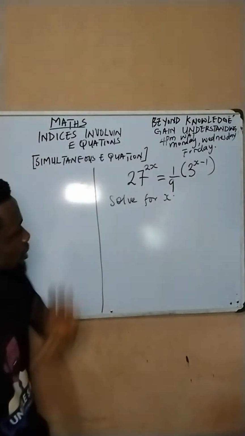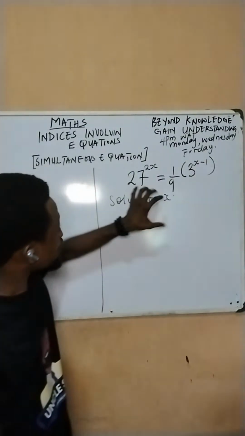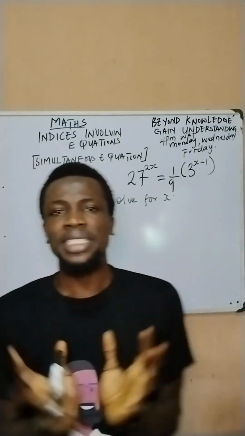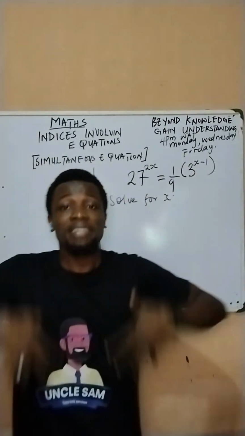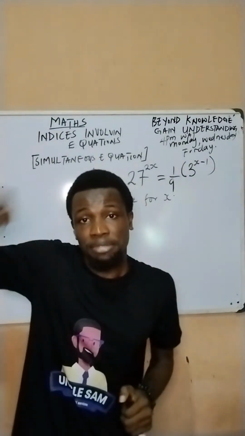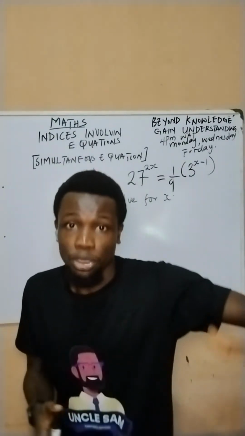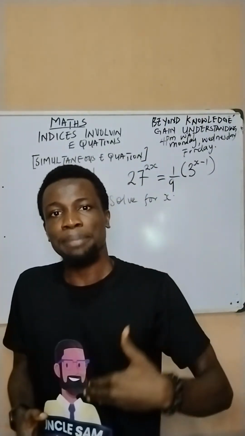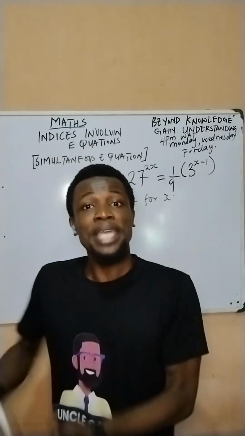So this is what we're going to be considering. We're asked to solve for x in this particular expression, and like I said, the laws of indices are what govern whatever you're solving for. The whole concept of indices stems from the fact that you must have a base and a power. Indices comes from the word index, and an index is simply a power. There cannot be a power without a base.